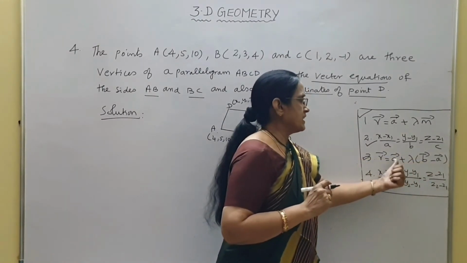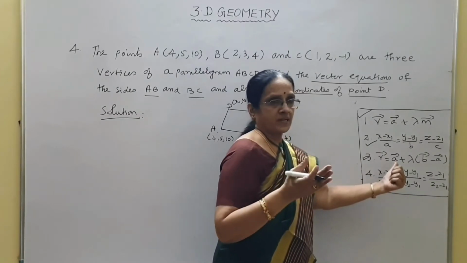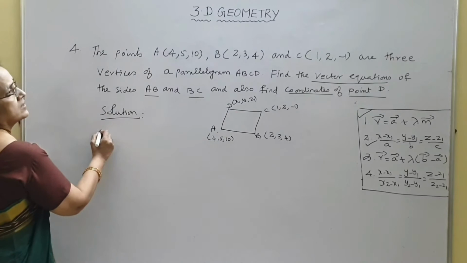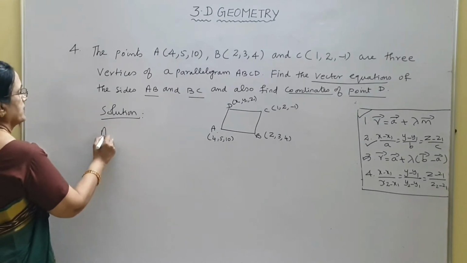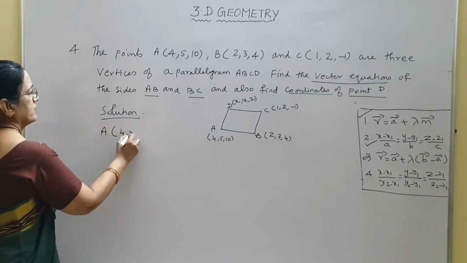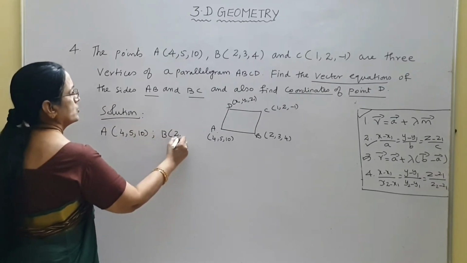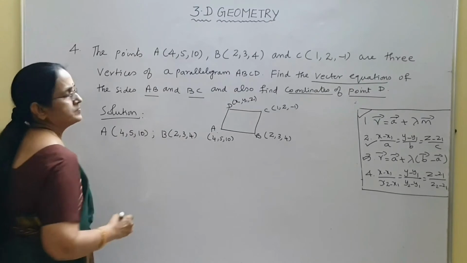Here instead of a vector, you can even take b vector. I told you many times. Now, what is given to you? The point A is (4, 5, 10) and the point B is (2, 3, 4).